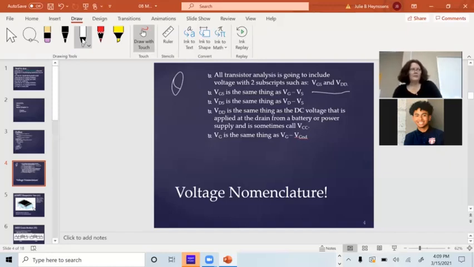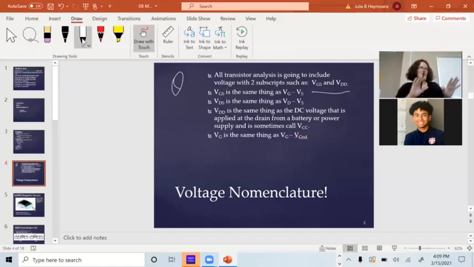Sometimes people call it VCC, and you'll see VDD and VCC used interchangeably. That is mainly because back in the day, when we were dealing mostly with bipolar transistors, the equivalent of the drain was called the collector. And engineers just get lazy. They tend to call it VCC; it's always been VCC. So with this MOSFET circuit, we're going to call it VCC, and you see them used back and forth.